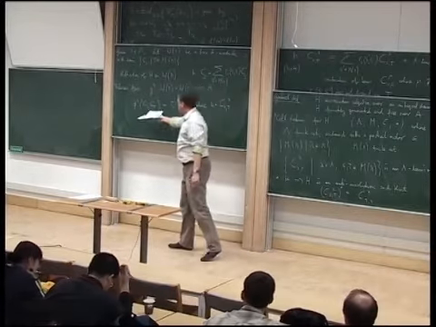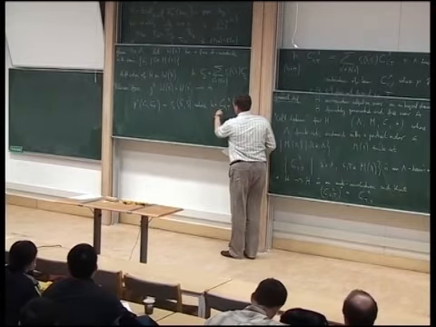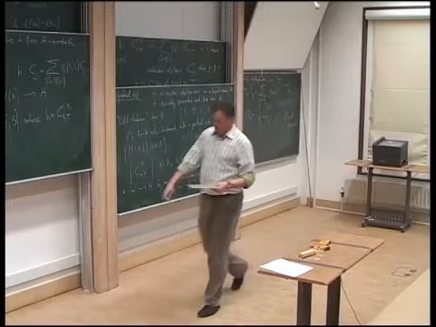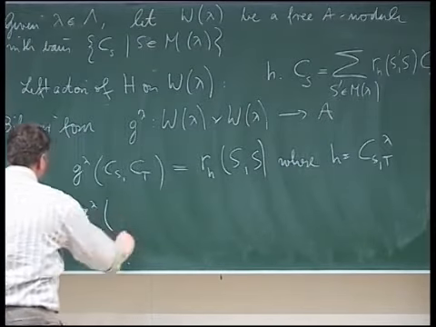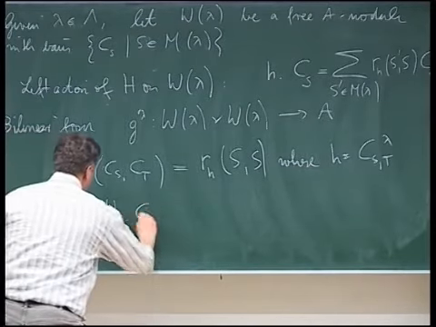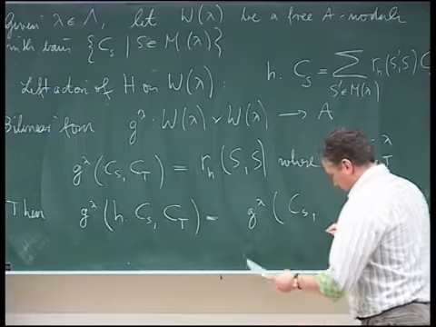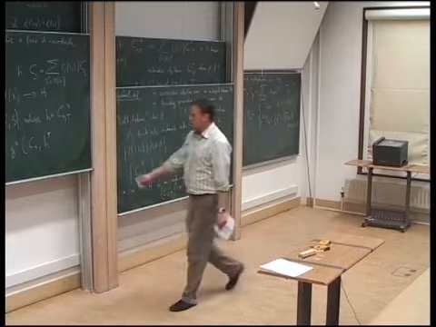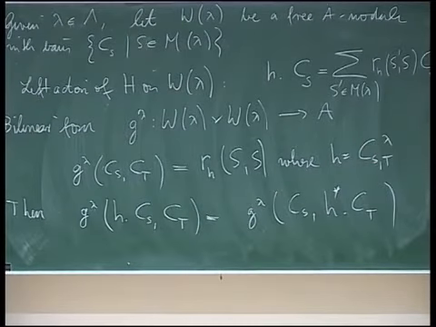So you take an S, you take a T in M lambda, and then you look at this H and you take this structure constant. And what you then check is an invariance property: G lambda of H dot C S, C T is the same as G lambda of C S, H star, this anti-involution, dot C T. So you have some invariant bilinear form on these modules.